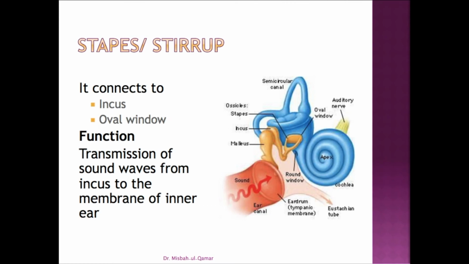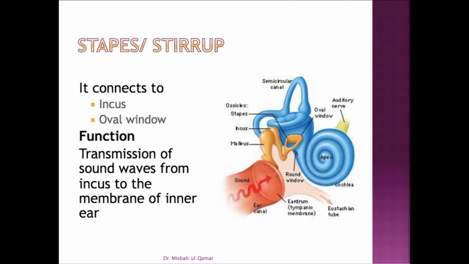Interesting bit about stapes is that it is the smallest and the lightest bone of the human body, and on one end it connects to incus, while on the other end it connects with the oval window.